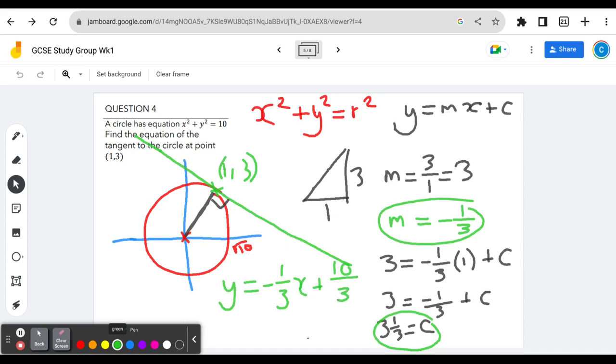You may see it tidied up a little bit. If I multiply everything by 3, it may look a bit nicer like this. 3y equals negative x plus 10. Looks a bit tidier, but it doesn't really matter. I would have found it with what I wrote on that first green line.